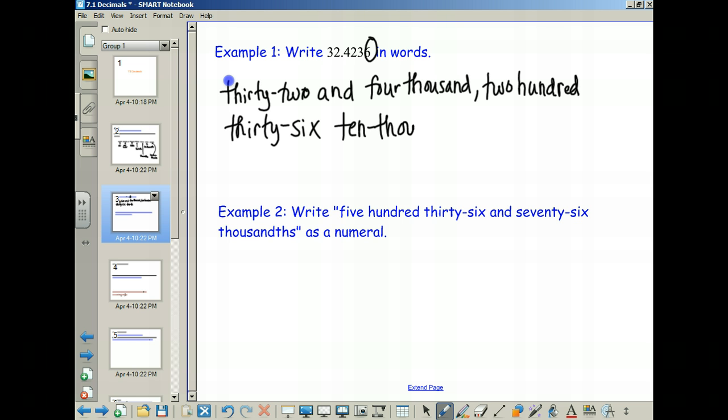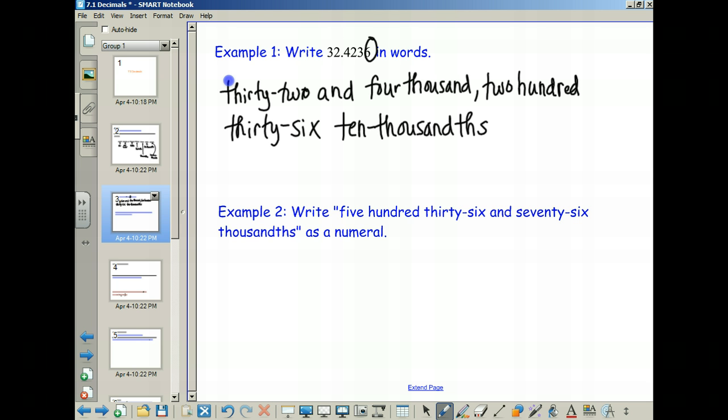So this number is 32 and 4,236 ten-thousandths. It's actually not 32.4236, which is what we say all the time, isn't it? If I just asked you to say it, that's what you would have thought. Say point or dot or something between them. This number is 32 and 4,236 ten-thousandths.